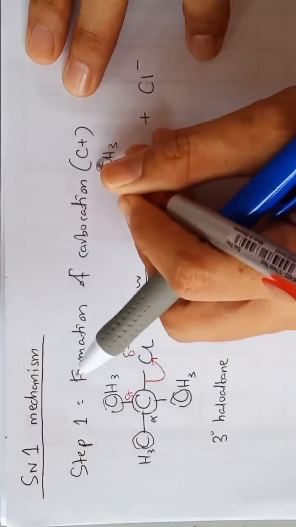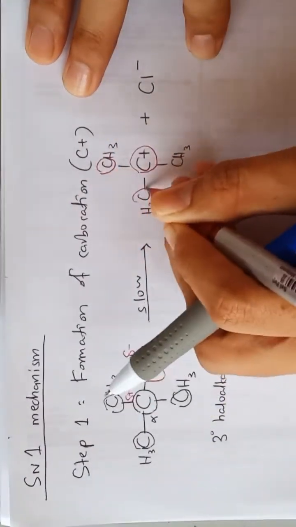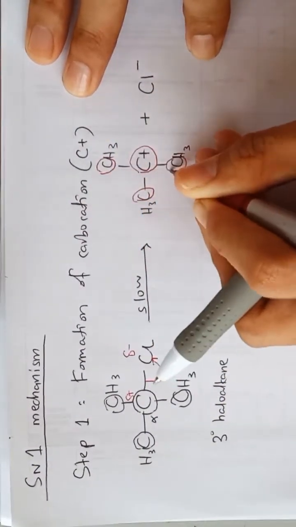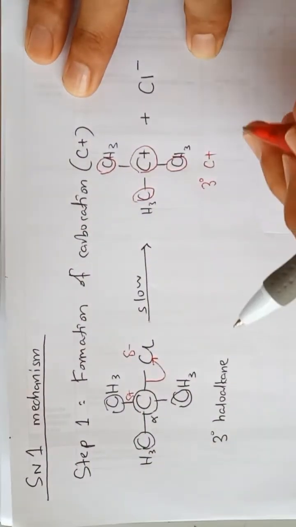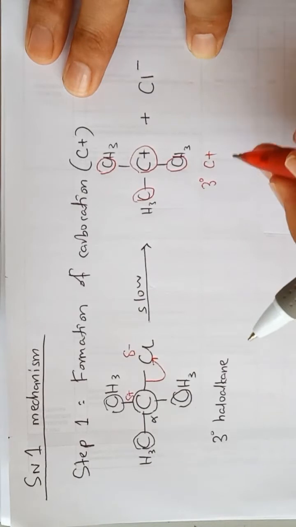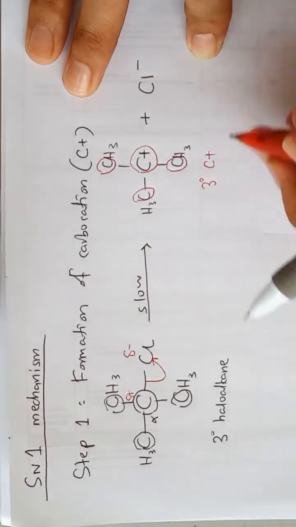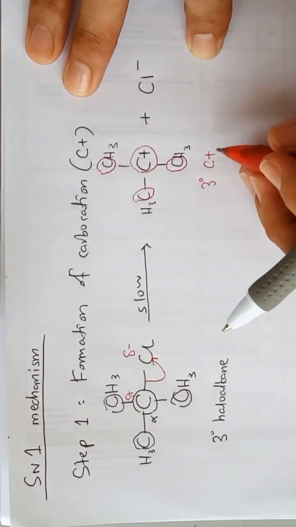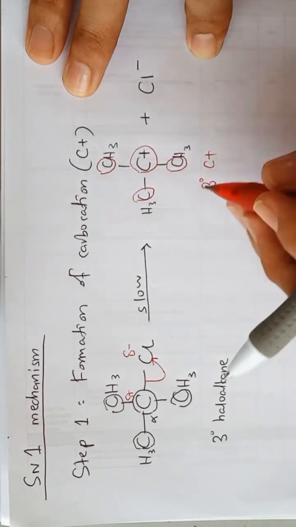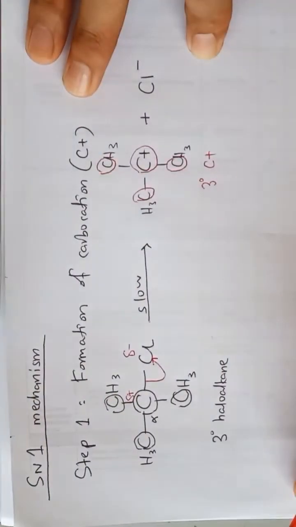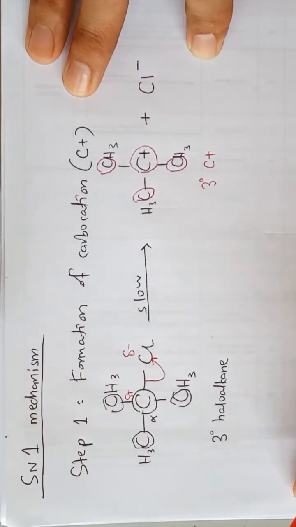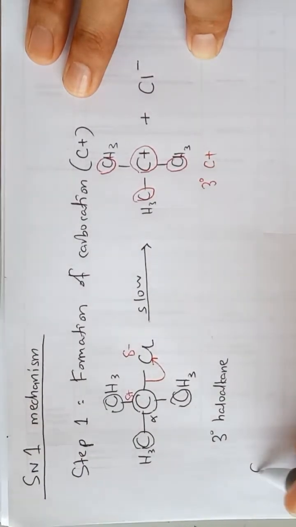Look at how many other carbons it is attached to: 1, 2, 3. So basically this is a tertiary carbocation. Remember, we just discussed in the previous video that the tertiary carbocation is the most stable. Because we are forming a tertiary carbocation, definitely this will be an SN1 mechanism.